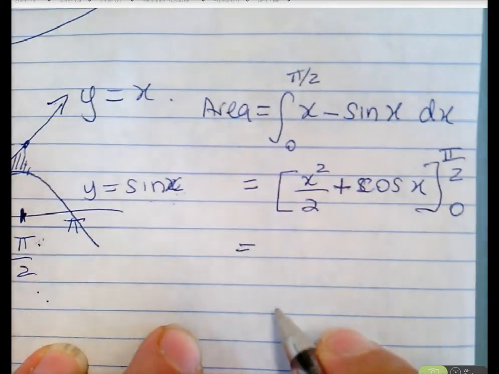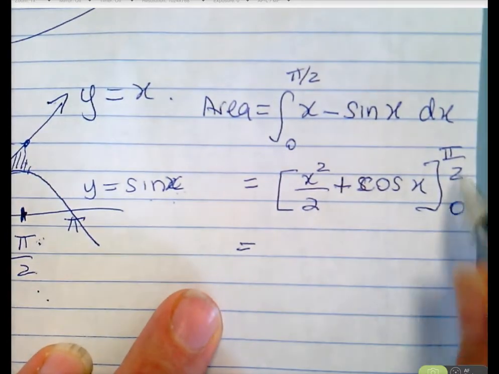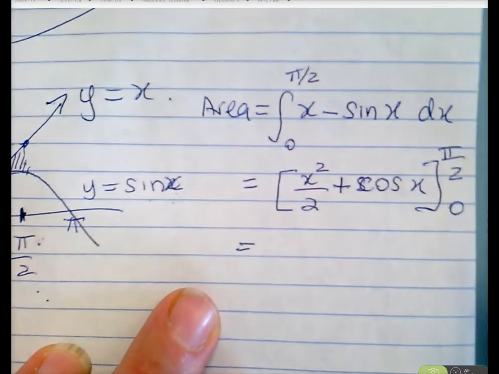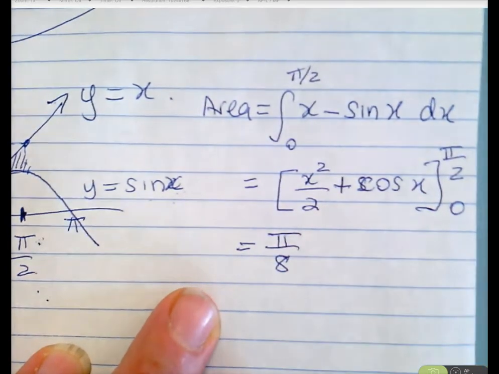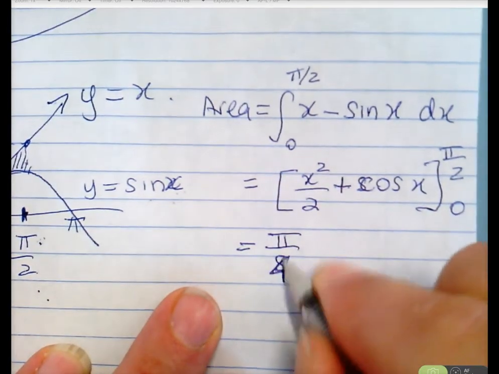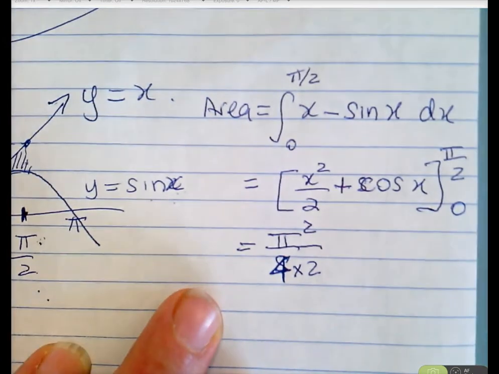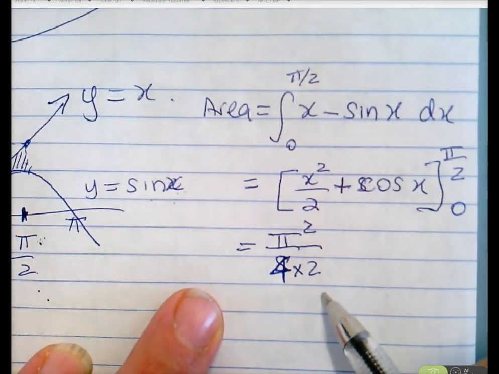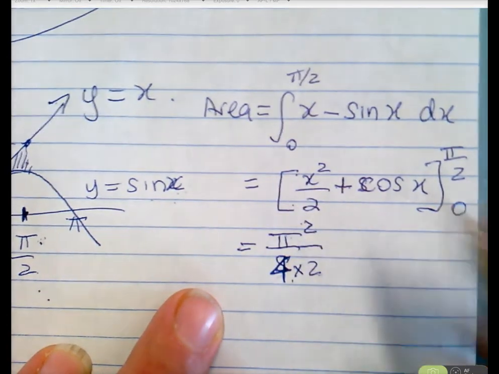And now let's substitute. Pi on 2 squared is what? Pi on 2 squared is pi squared on 4. Divide that by 2 and you get pi squared on 8.